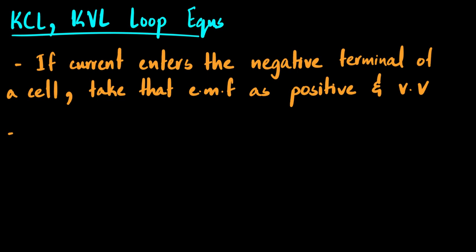And the other rule is this: sometimes you'll be writing loop equations, and sometimes what would happen is that the currents, and how they're labeled in the question, will have clashing directions.